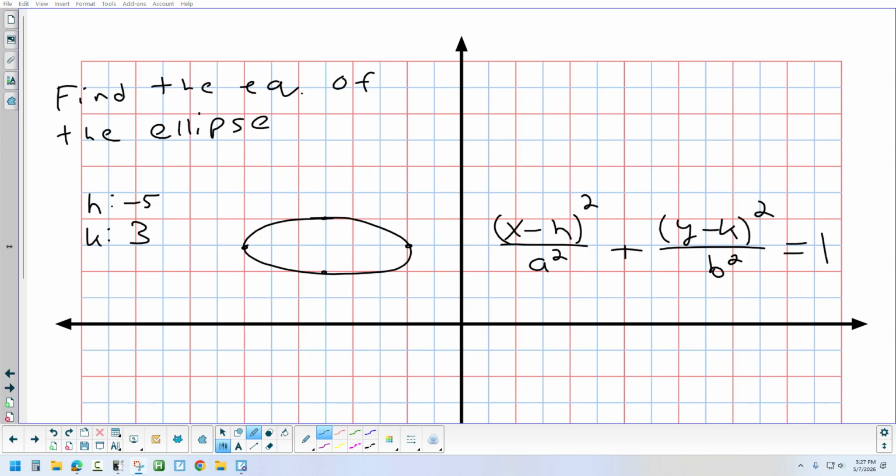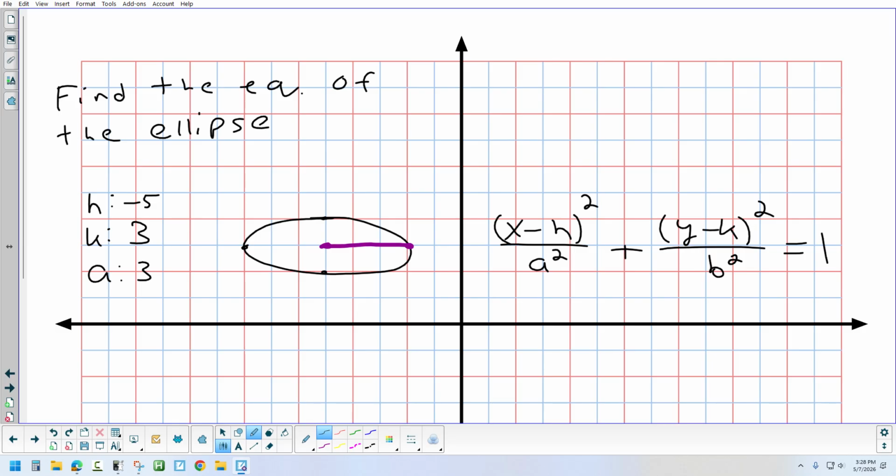All right, so now we need to find a squared and b squared. What's the definition of a in an ellipse? Distance from the center to the vertex. Yep, center to vertex. What's the distance from the center to that vertex? 3. So we know a is 3.